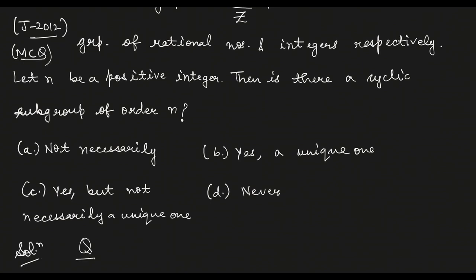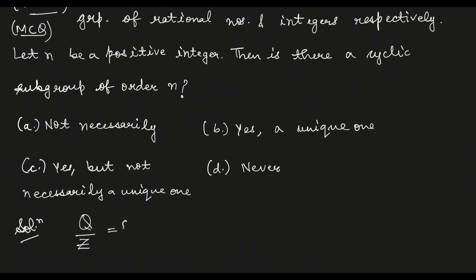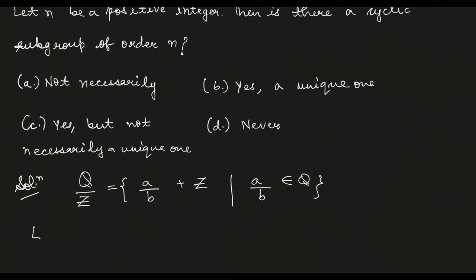So Q by Z is equal to a upon b plus Z, where a upon b belongs to the rational numbers. Now let n be a positive integer.